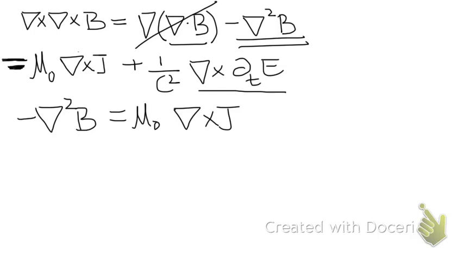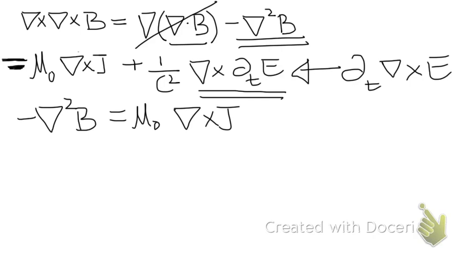I did not mention this above because I did it before, but let me say it again: I can switch the position of my partial derivatives, so I can write this term as my partial time derivative of curl of E, right?